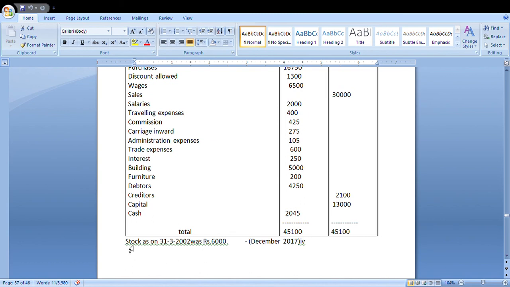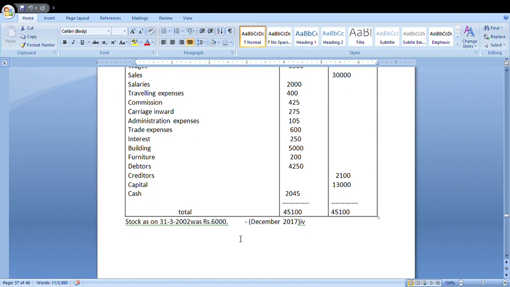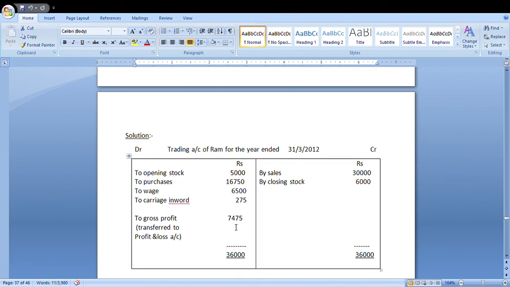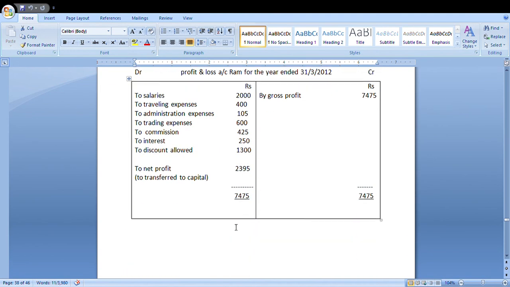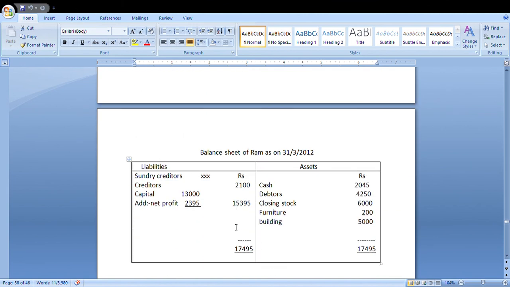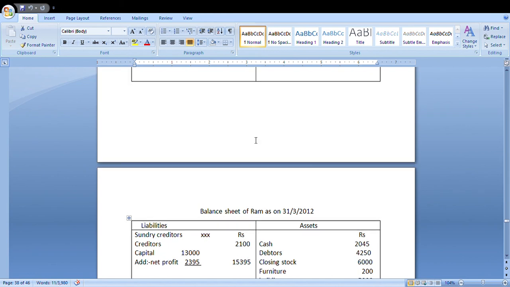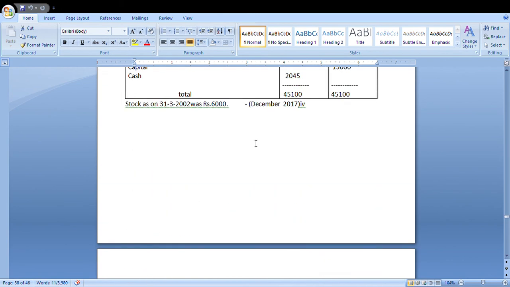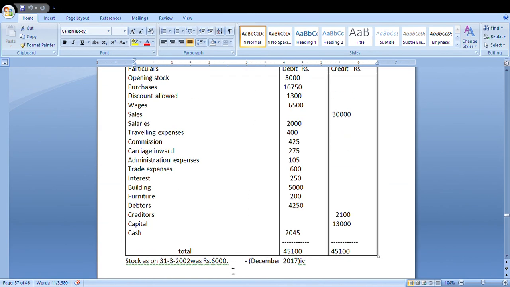Outside items: stock as on 31st March 2012 was 6,000. This is the closing stock. It enters the balance sheet, asset side. Closing stock 6,000. All are covered in the problem, inside and outside.